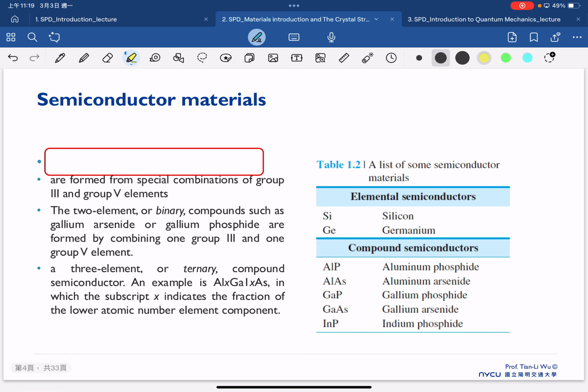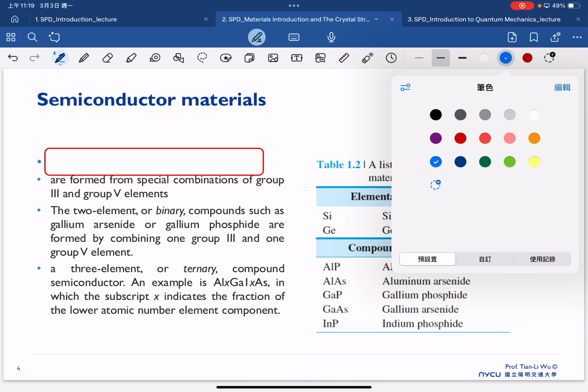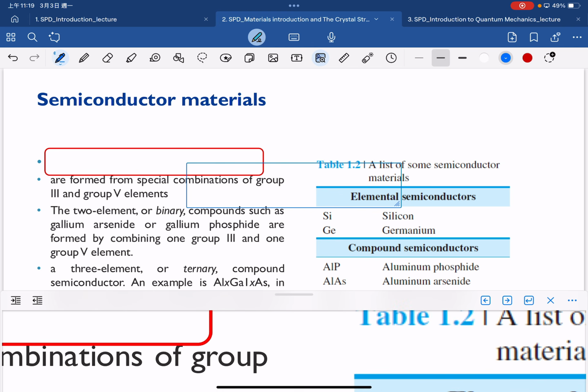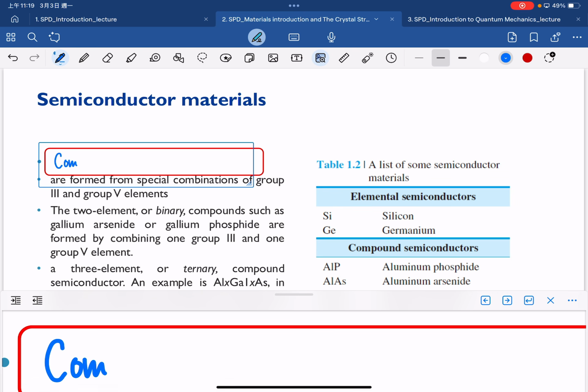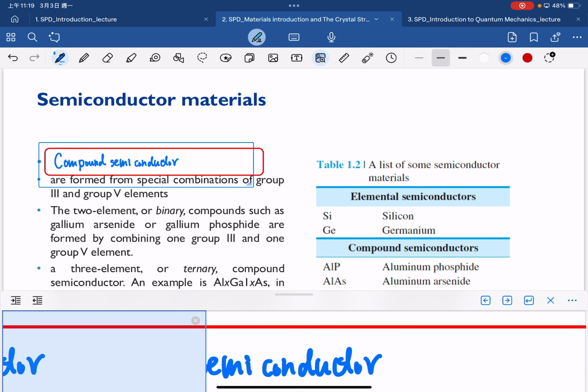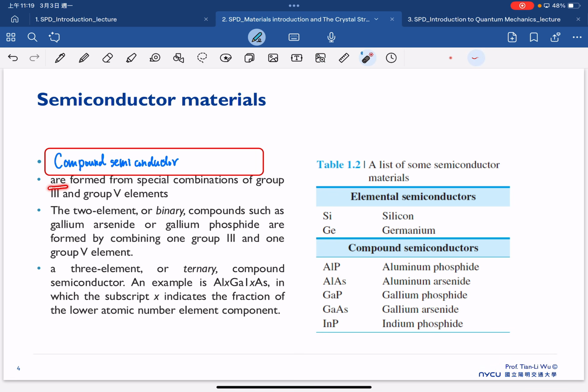So the compound semiconductors are formed from a combination of group 3 and group 5 elements. This can be considered a two-element, sometimes called binary, compound.